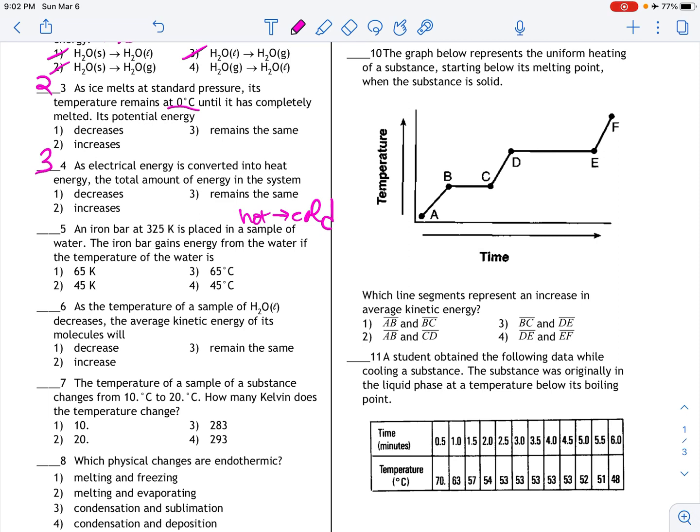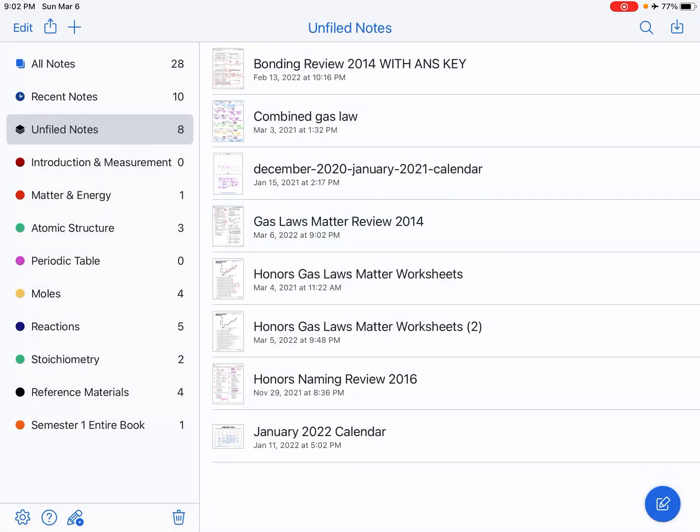So also, we're dealing with apples and oranges here. We've got Kelvin and Celsius. Let's make them all Kelvin. So 65 degrees Celsius plus 273 is going to be 338 Kelvin. 45 plus 273. And by the way, this is on the reference table. Let's take a look.